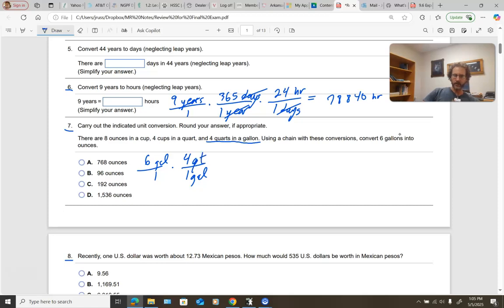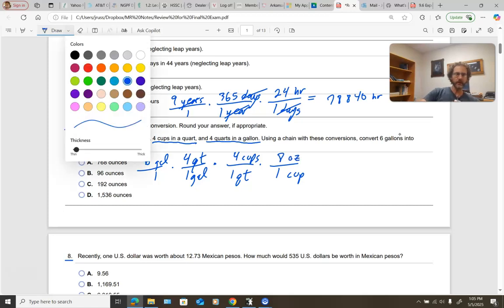Okay? So your gallons will cancel out. And now we need to go from quarts to cups. So here's your next conversion factor. This says that in 1 quart, there are 4 cups. So our quarts would cancel out. Now we'll use this last one. In 1 cup, there are 8 ounces. Okay?